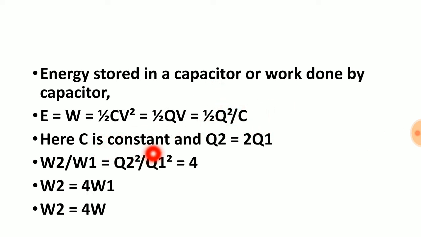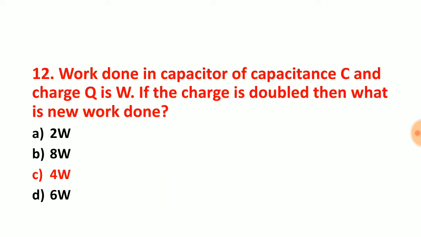Here C is constant and our Q2 now becomes twice Q1, charge is doubled. In such case we can compare and find that our work done will be 4 times the original work done, because C is constant. So W2 divided by W1 is 4 times the original. So 4 times W is in option choice C.